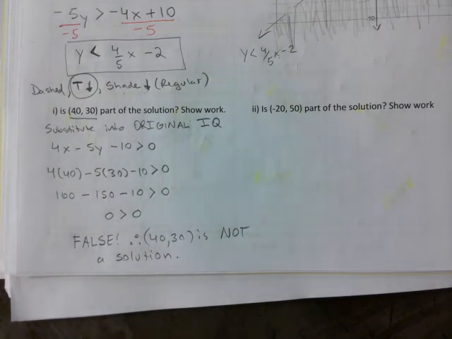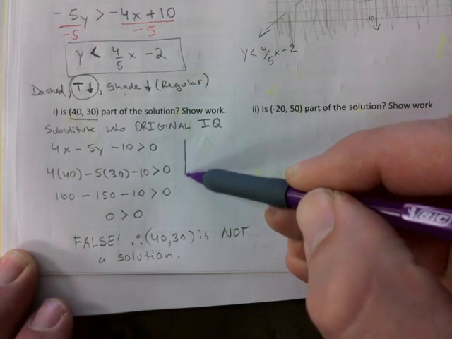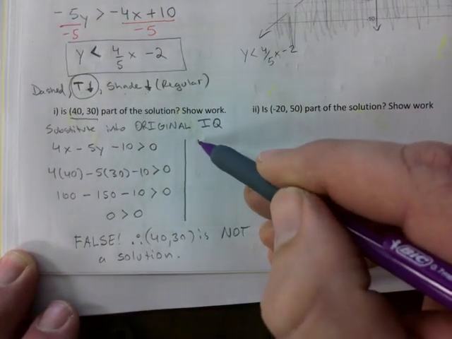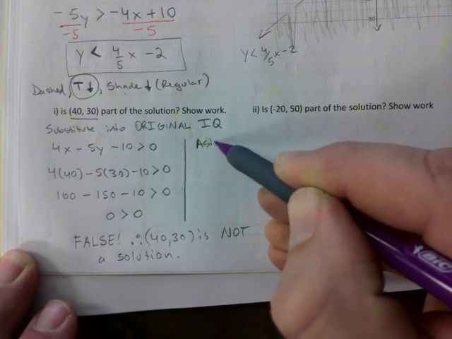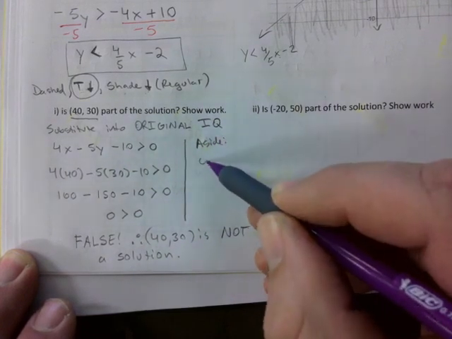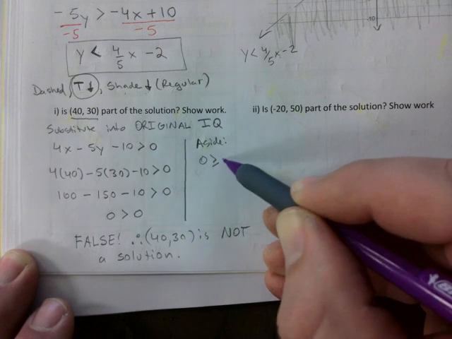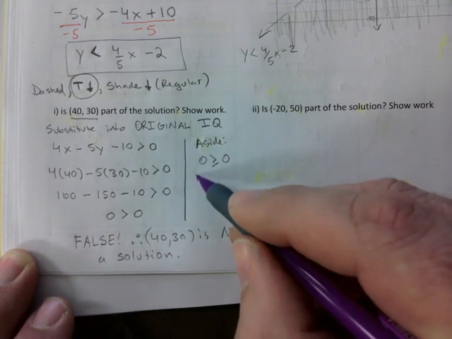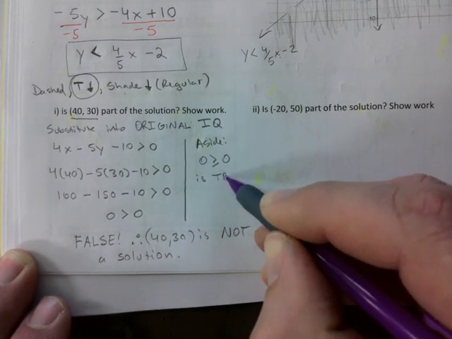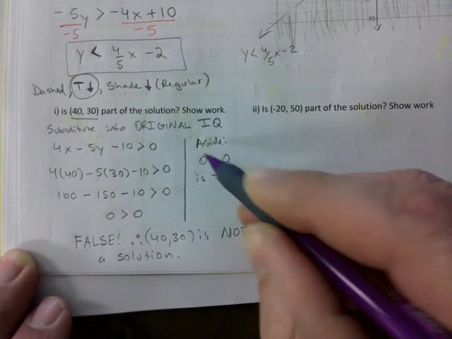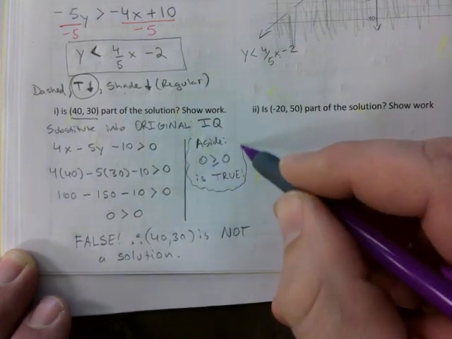I will put an aside here. It fits in my notes. I'm just going to make a line here. Note, aside: 0 is greater than or equal to 0 is true. Maybe put a cloud around it like that.